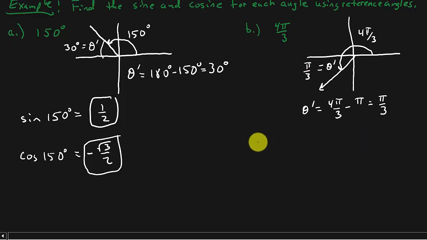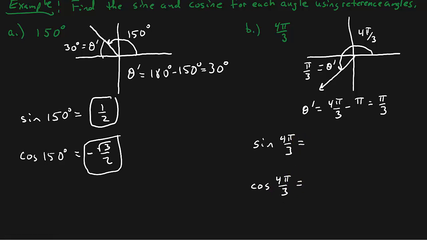So now I need the sine of 4 pi over 3, and I can calculate the cosine of 4 pi over 3. All right, so stay with me now. The sine of 4 pi over 3: my reference angle is pi over 3. So what's the sine of pi over 3? We're looking at sine of pi over 3, and in our heads we're also thinking sine of 60, right?